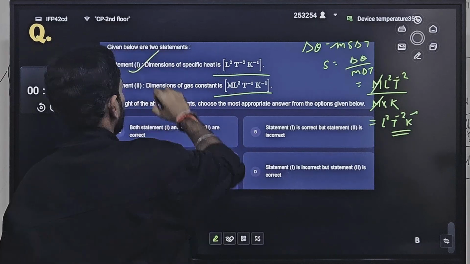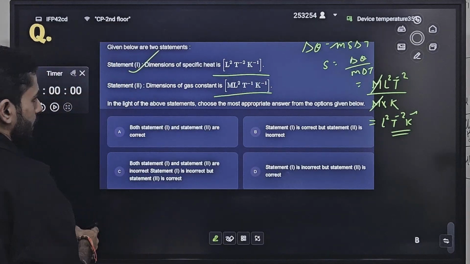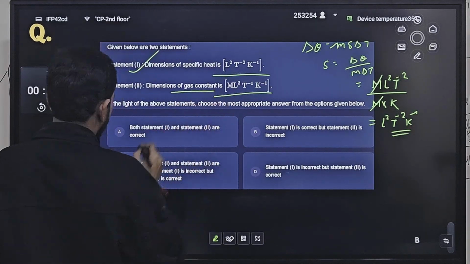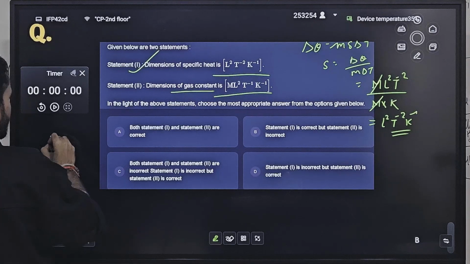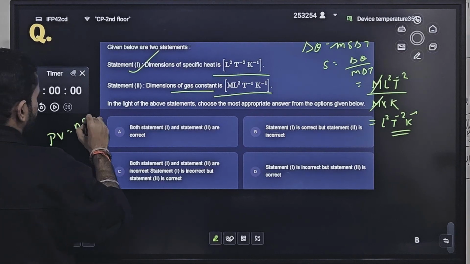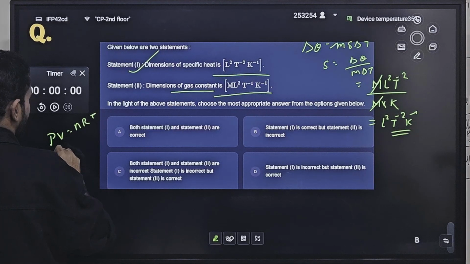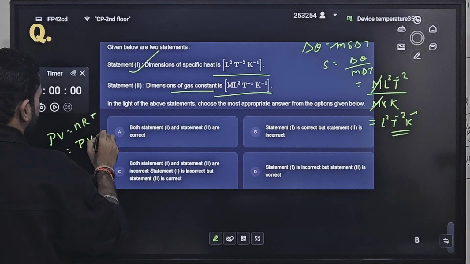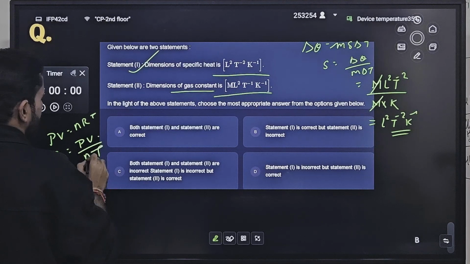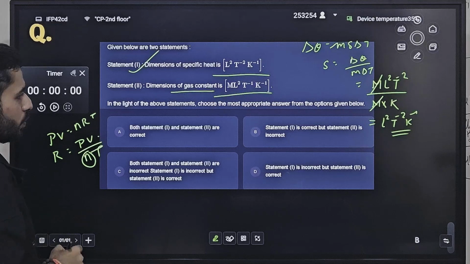Can I say statement 1 is correct? Now come to statement 2, let's see if it is also correct or not. For the gas constant, from which relation can I solve? From PV is equal to nRT, the most basic thing. That means I can write R is equal to PV divided by nT. Now what is the unit of n? Moles.